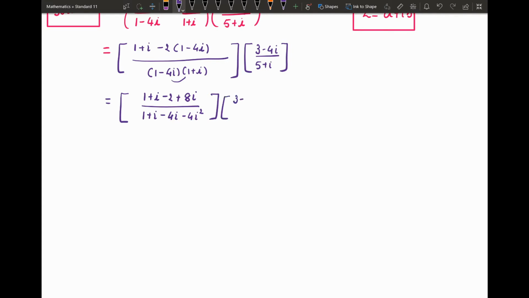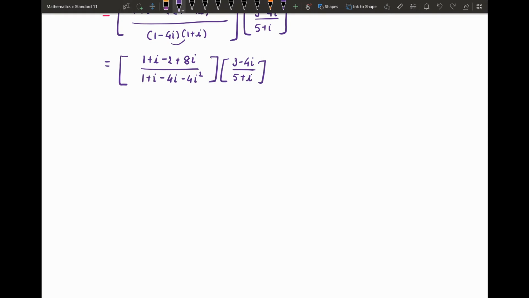This is 3 minus 4i upon 5 plus i. Again simplification.